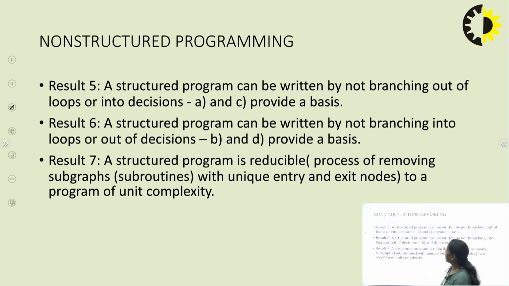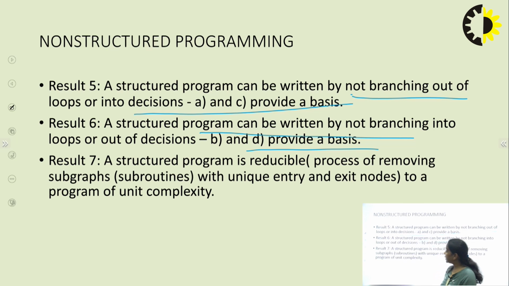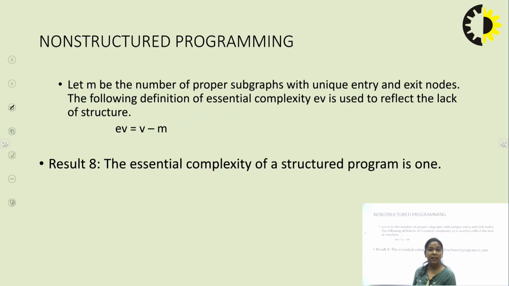For result 5, this will not have branching out of the loop as per the decision of A to C. A structured program can be written without branching the decision on the basis of B to D. And last, the structured program is the reducible process of removing subgraphs with a unique entry and exit of the program for the unit complexity.